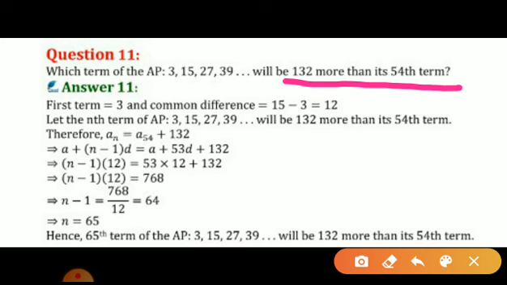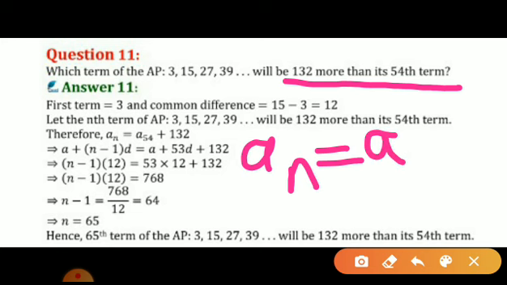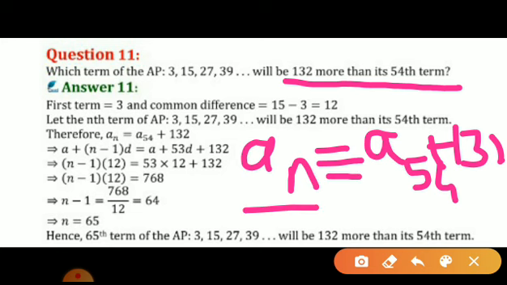Now see, which term of an AP is 132 more than the 54th term? So is an equal to a54 plus 132? See whether this is clear to you. That is the relation between your nth term and the 54th term.